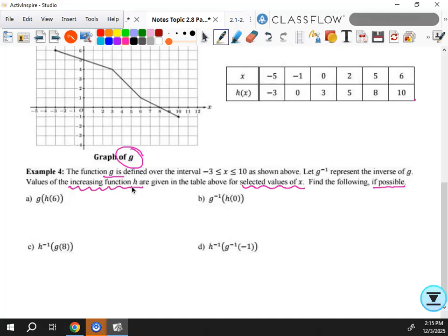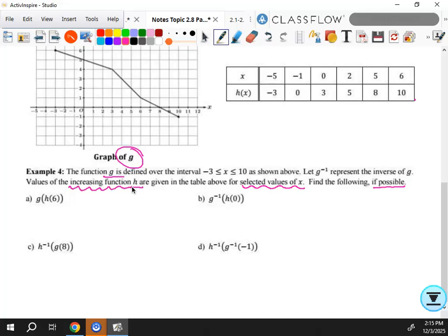Now, I know that this doesn't say strictly increasing or always increasing, but if the function itself is referred to as increasing, that means it always increases. So if it's always increasing, that was one of the stipulations. As long as it's always increasing, then it will have an inverse. So then I know for a fact h inverse will exist. Does that make sense to you? That's how we know for sure. No assumptions being made anyway.